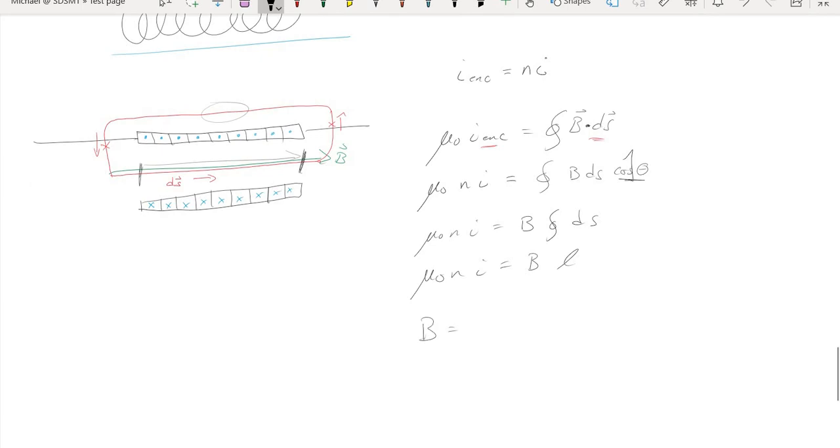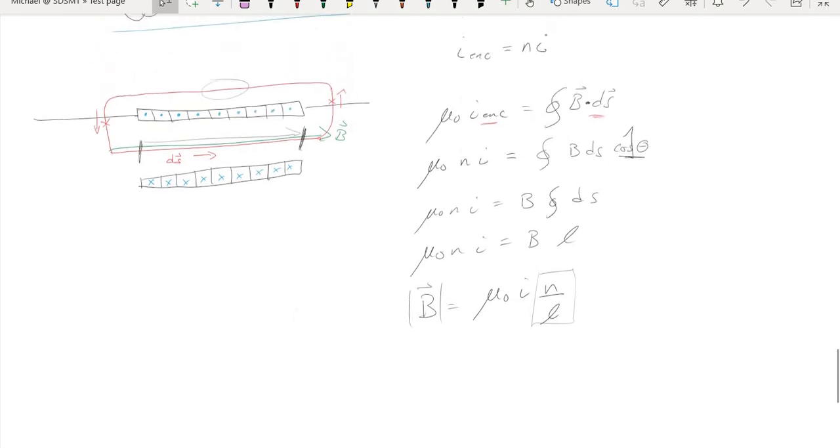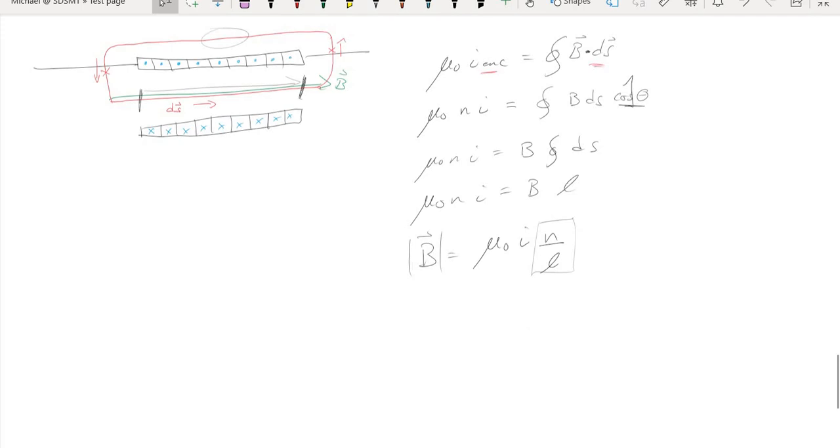And now is where we can see the importance of measuring the number of turns per unit length for a solenoid, because it's actually going to play a part in the strength of the magnetic field that passes through that solenoid. Now, the obvious outcome would be that the more turns you put with your solenoid, the stronger of a magnetic field that you're going to get.